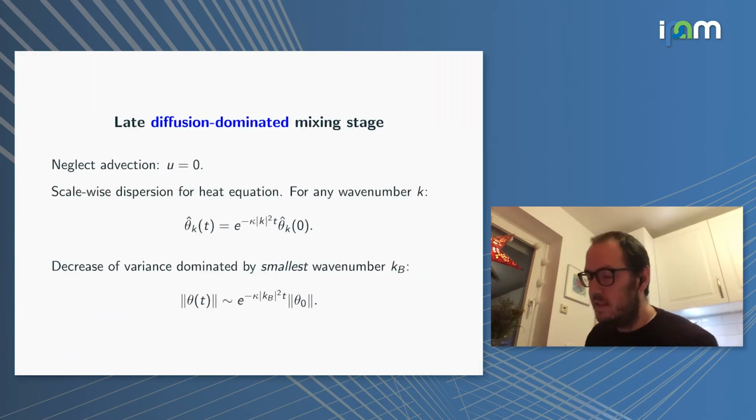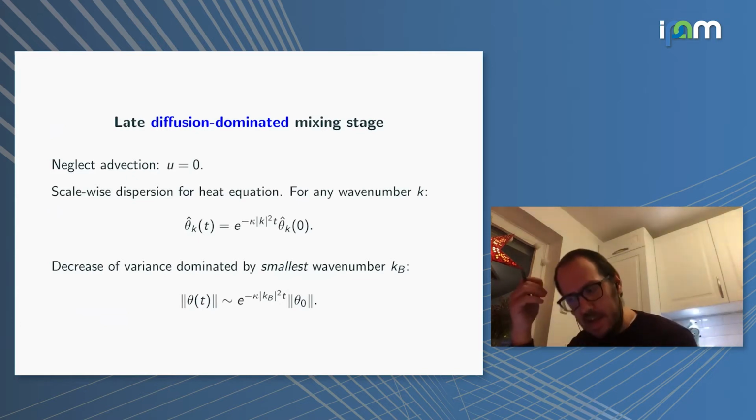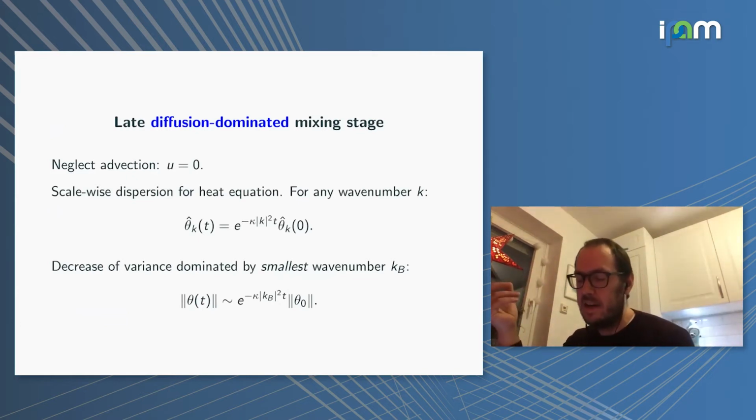So this is the advective case, and now, as I just said, I expect that at late times diffusion is the dominant mechanism, and therefore, just for simplicity, I assume that u is 0, so there's no advection at all.